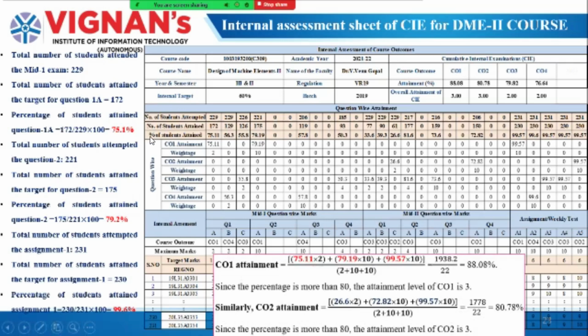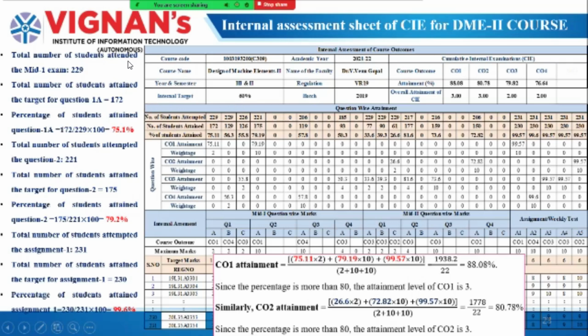To find the CO1 attainment, CO1 is 75.11%. The weightage is 2, similar to the earlier sample calculation, because CO1 covers question 1A, question 2A, and assignment A1 question. That's why 75.11 into 2.